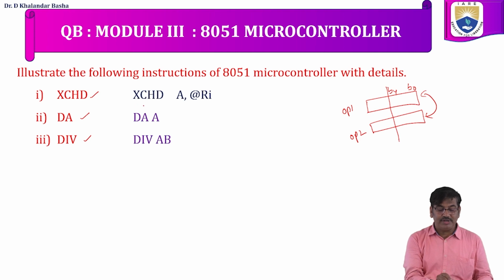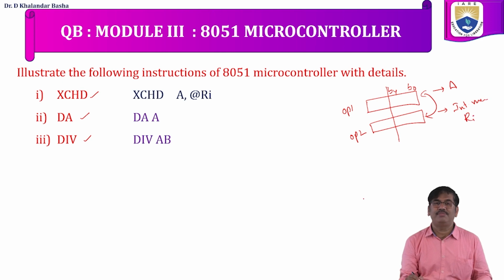In the given example, XCHD A, @Ri, one data we are having in the accumulator, the second one we are having in the internal memory location whose address is pointed by some register Ri, where i can be from 0 to 1. Now the lower 4 bits of the memory contents will be exchanged with the accumulator content.